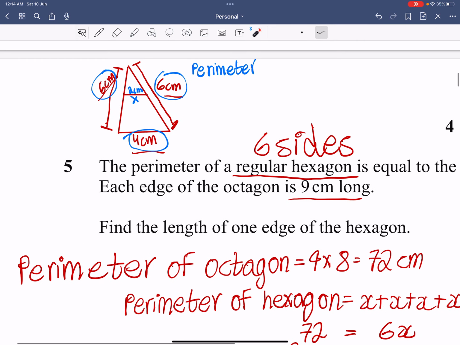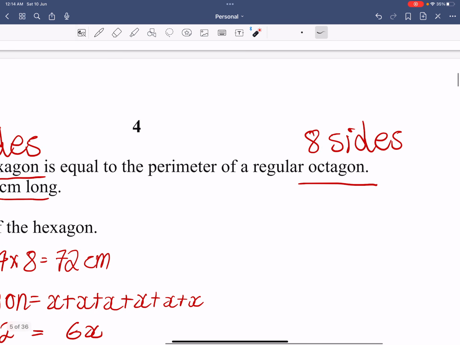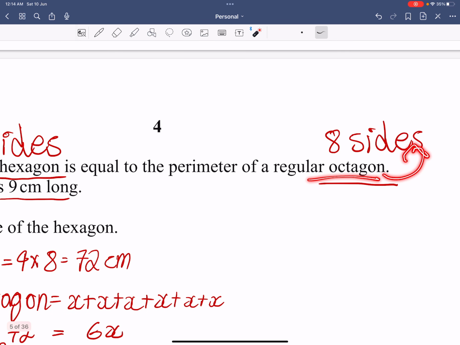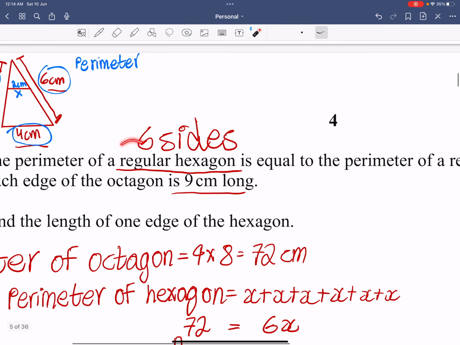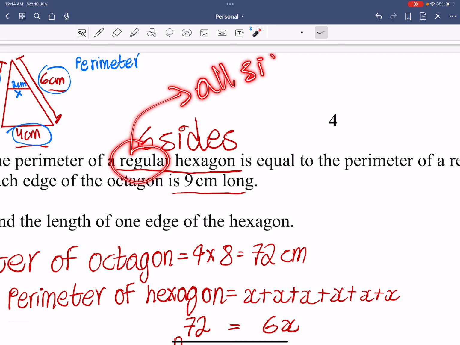The perimeter of a regular hexagon, which has 6 sides, is equal to the perimeter of the regular octagon, which has 8 sides. Octagon has 8 sides, hexagon has 6 sides, right? And both are regular, which means all sides are equal and all angles are equal.